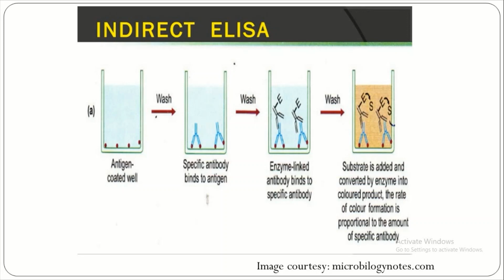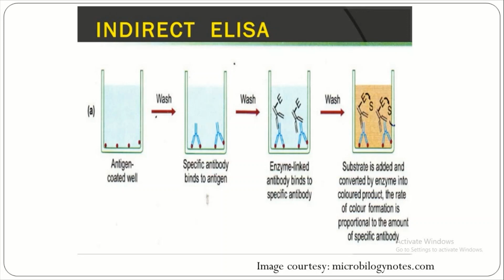Again you go for the washing step. After washing, you add the secondary antibody. You see the primary antibody is the blue Y-shaped antibody, and the red dot is your antigen. The secondary antibody is already conjugated with an enzyme, and the E denotes the enzyme.